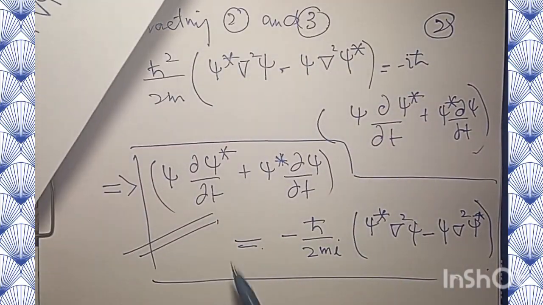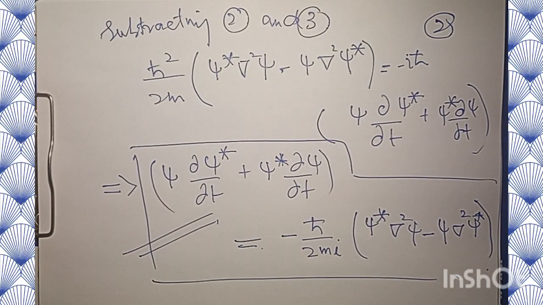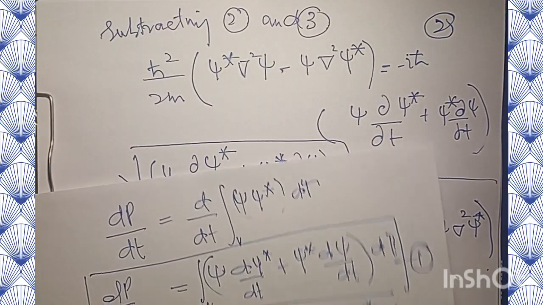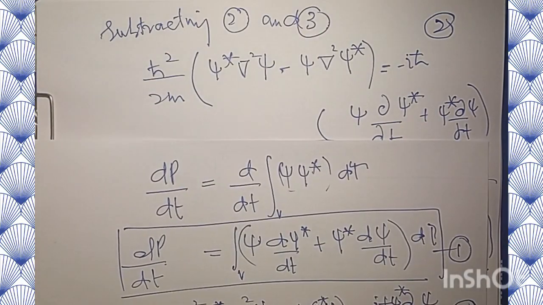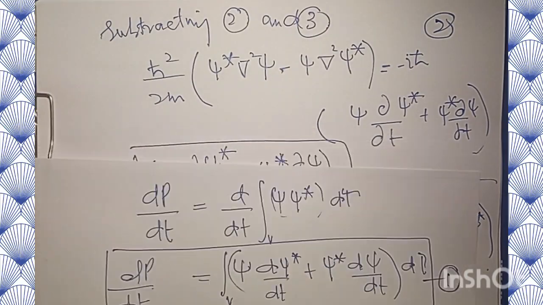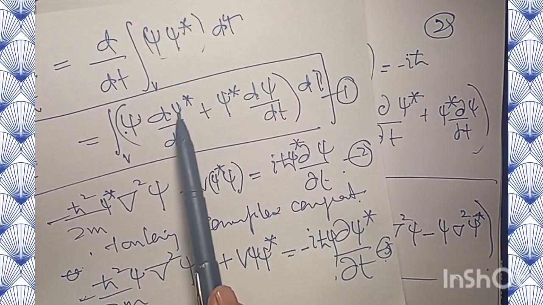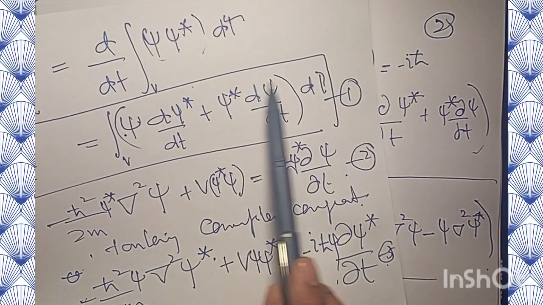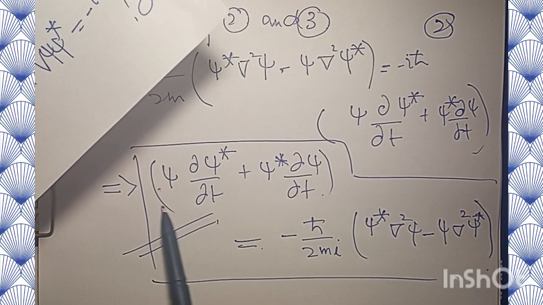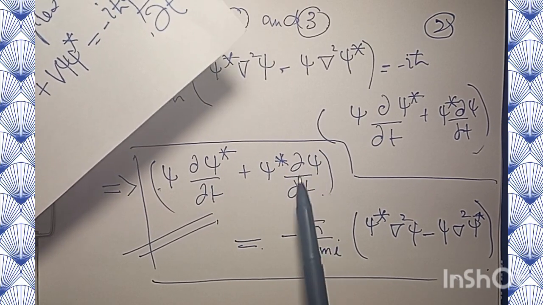Okay, let's move on. So this term is ψ ∂ψ*/∂t + ψ* ∂ψ/∂t.